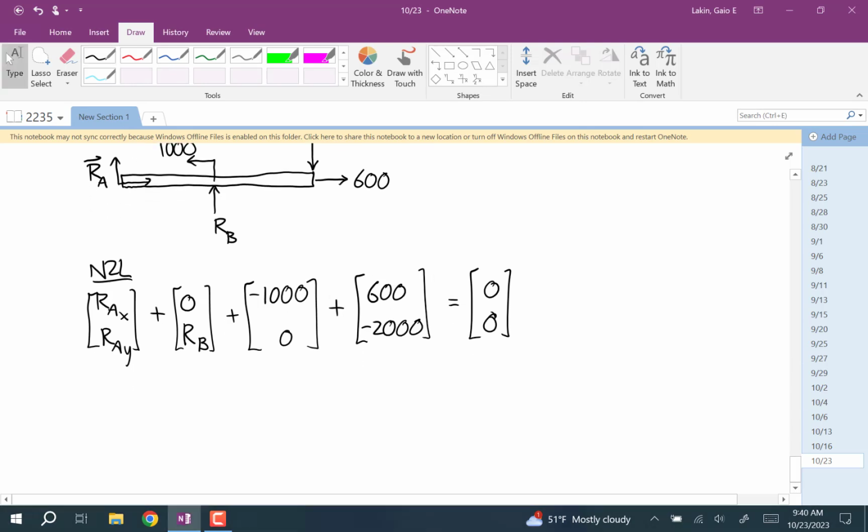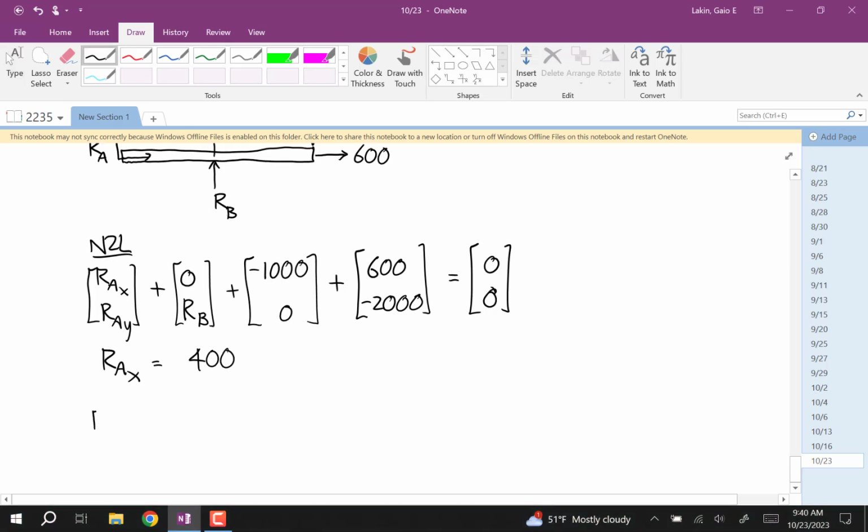So we got RAX is equal to positive 400. We can't calculate the y component yet, so now let's go to the moment equation.